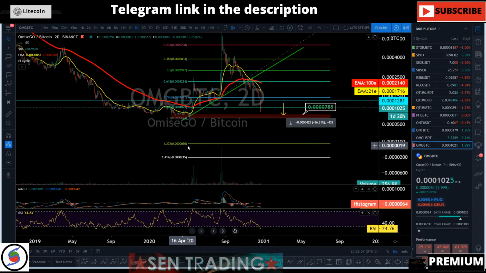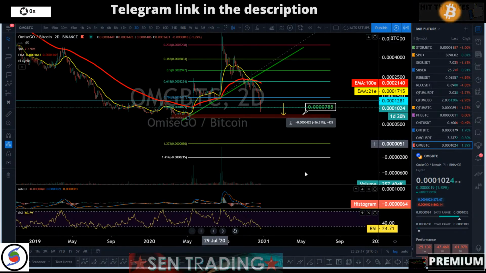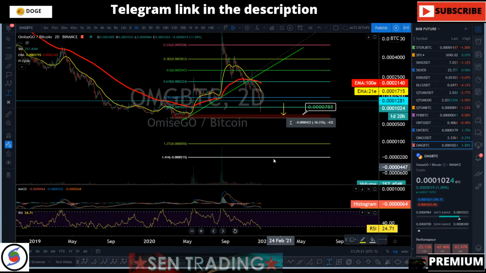I hope not, but this level is almost like 500 sats? No way. This level is almost 500 sats. So that's what the fib is saying.